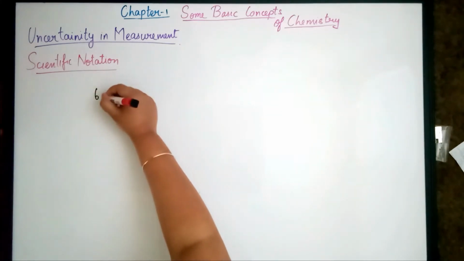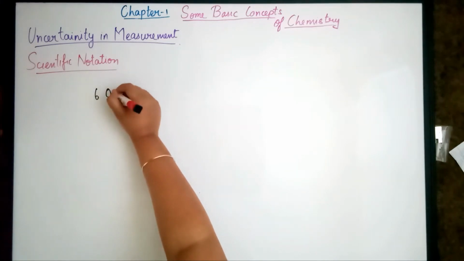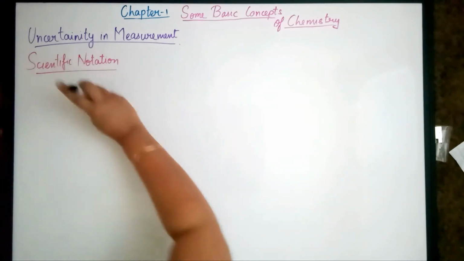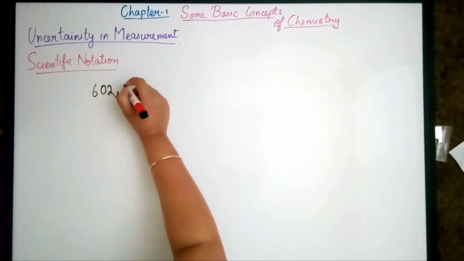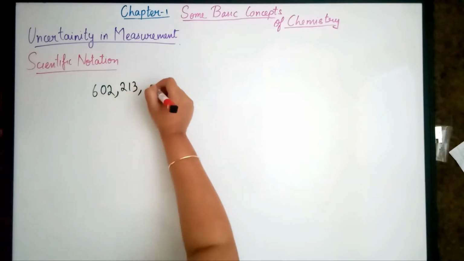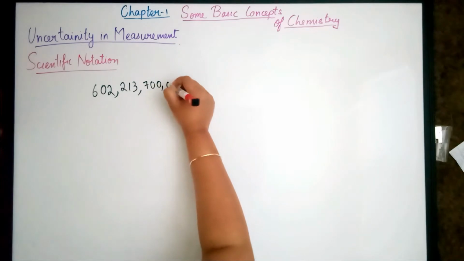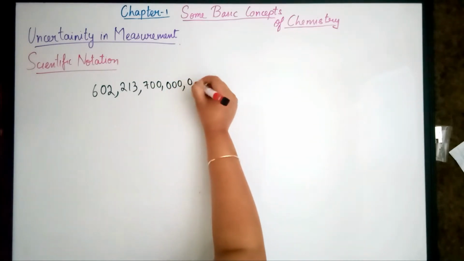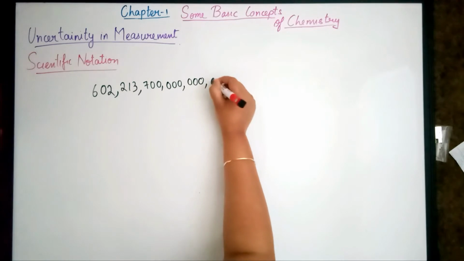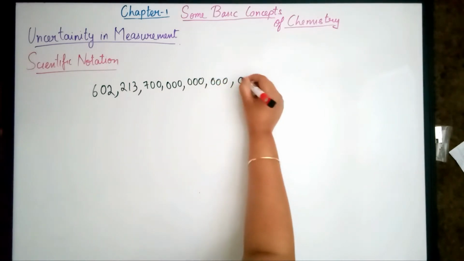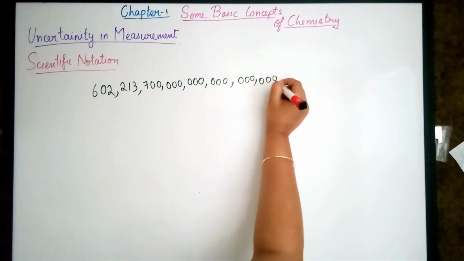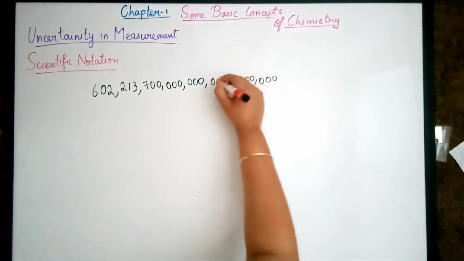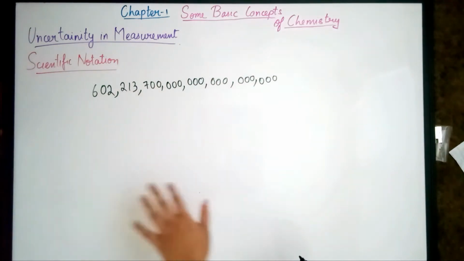It is 6.02213700000000000 and I guess another 7 zeros. So 1 2 3 4. Yeah. So this is the Avogadro's constant.